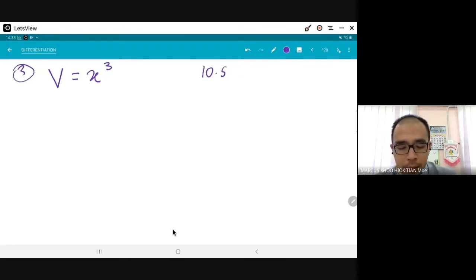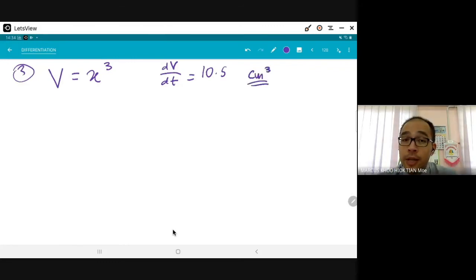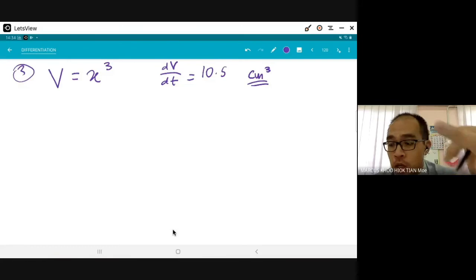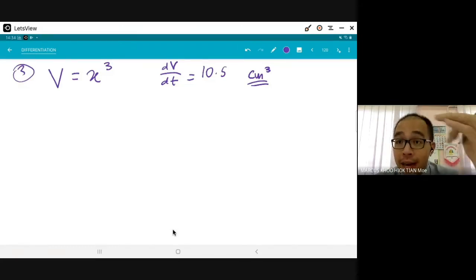Kita tahu dt lah, sebab dia per minute. dV dt. Macam mana kamu tahu V ya? Sebab dia adalah centimeter cube. Dia punya unit adalah centimeter cube. So dia adalah volume. So look at the 3 letters involved here. V, X and T. Soalan cari find the rate of change of X.